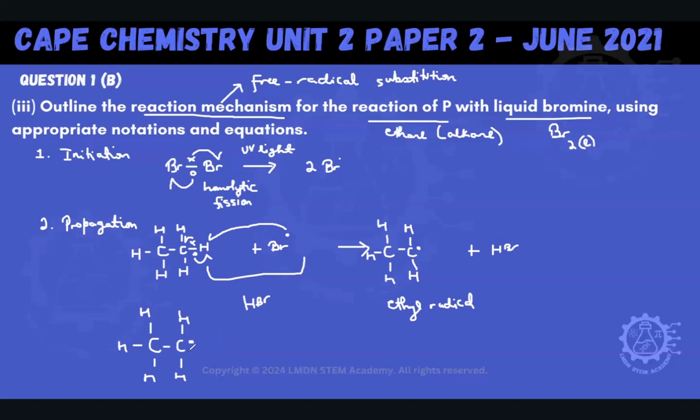The ethyl radical is going to see another molecule of Br2 in that mixture, and it's going to cause the Br2 to then split homolytically again. So it will go like that and go like that. And so in the end, we're going to end up with 2 bromine radicals again, right?